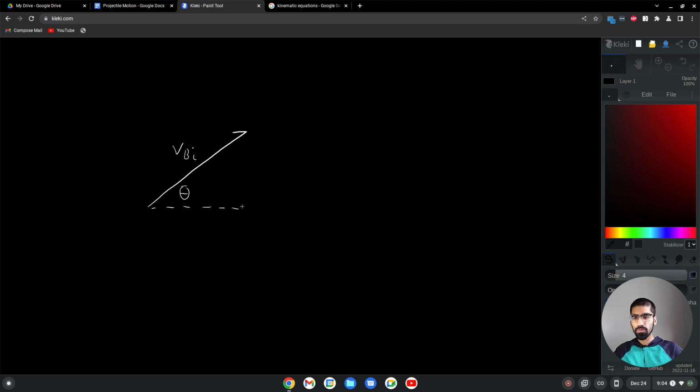We want to figure out what is the vertical part of this velocity vector and what is the horizontal part. So we want VBxi and VByi.